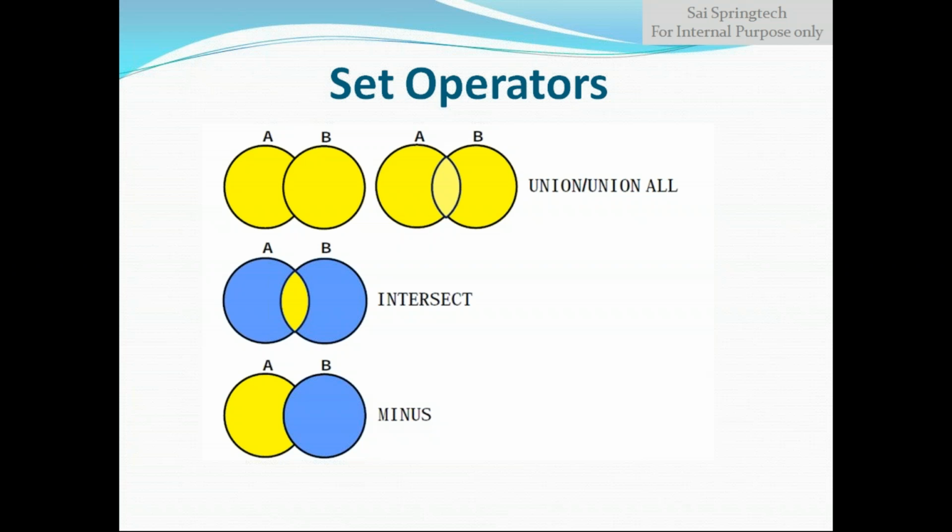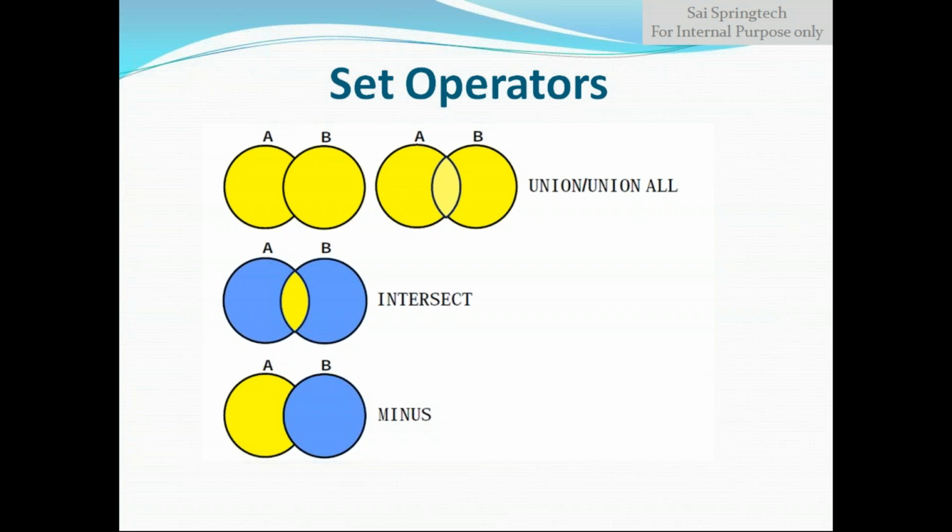All right, so what are set operators? Set operators combine the results of two or more component queries into one result set. So it combines two or more queries' results into one result set, and that's the main function.